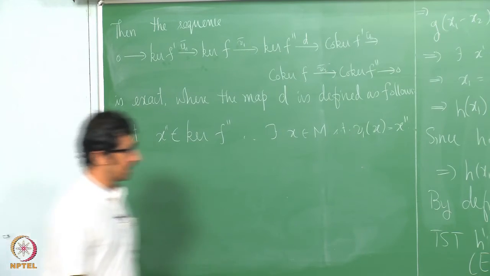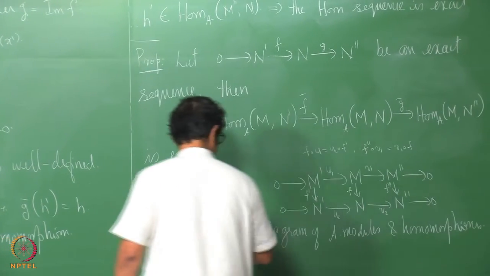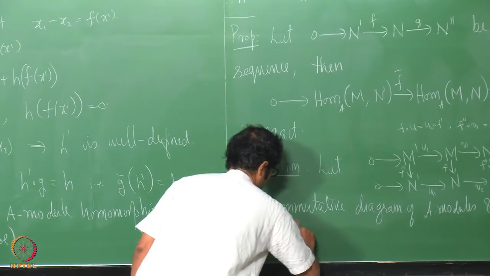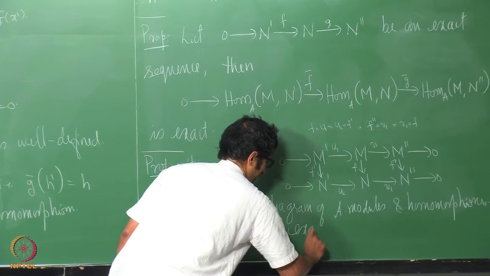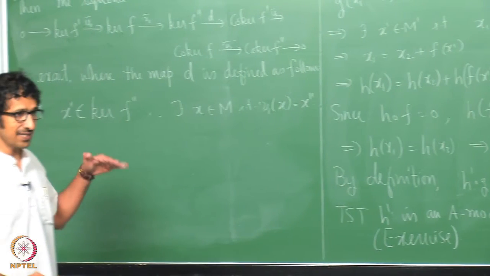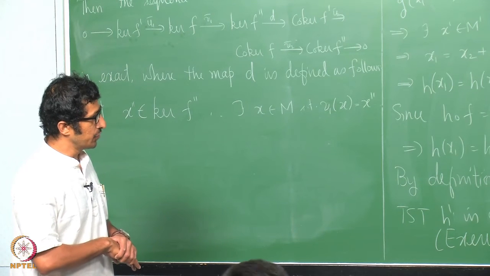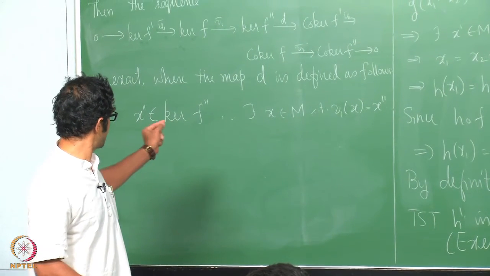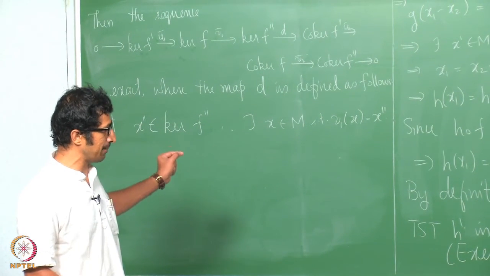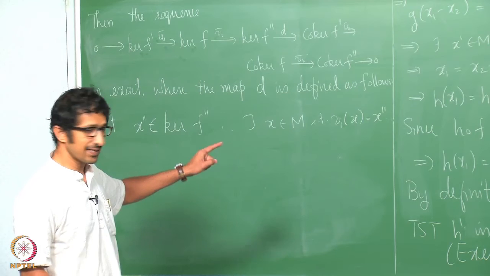The first and second rows are exact, in a commutative diagram of A-module homomorphisms. So, v1 is surjective, and hence given this x double prime I have an element x in m such that v1 of x is x double prime.